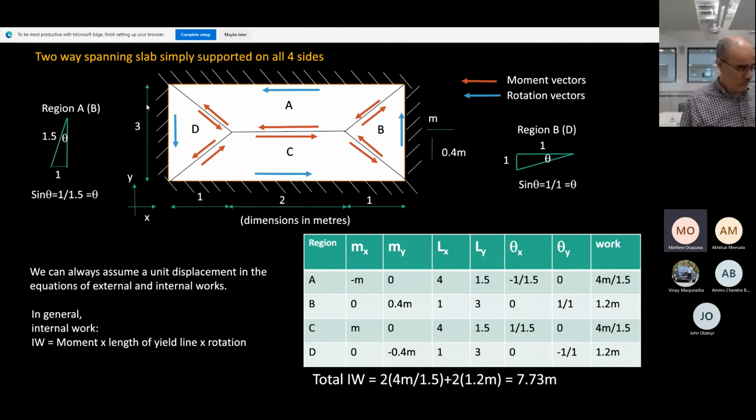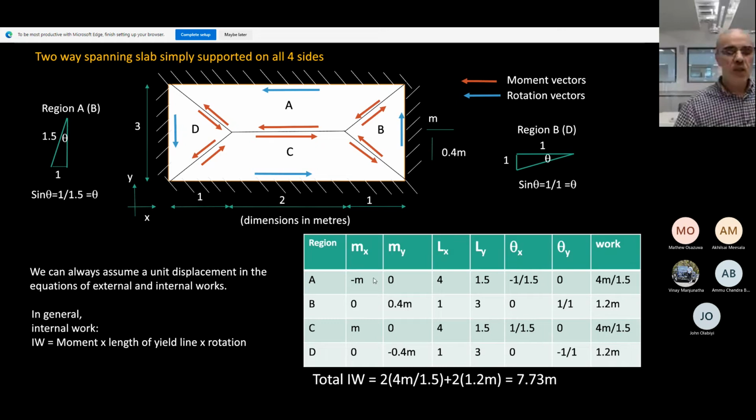Clear? So we have 1 over 1.5 for theta, with a minus, obviously, because of the direction. Now, the vector projected on the y-axis obviously gives 0, so there is no vector on the y-axis.